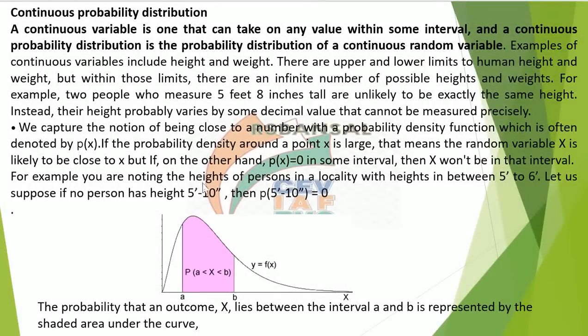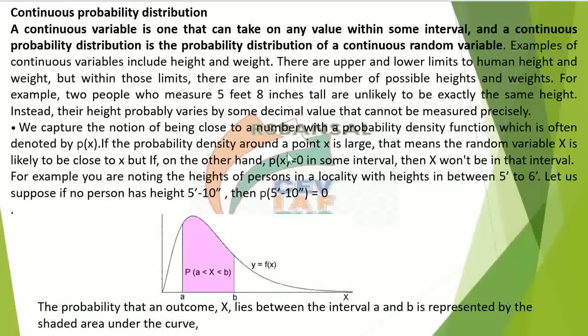So suppose you are finding some intervals, for example noting the heights of persons between 5 feet and 6 feet. If no person has a height of 5 feet 10 inch, then P(5 feet 10 inch) will be equal to 0.